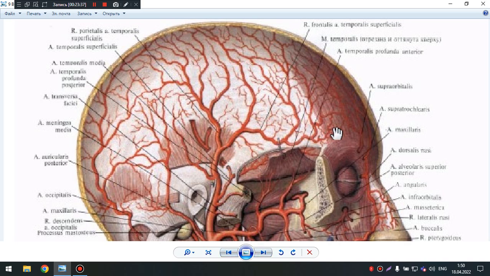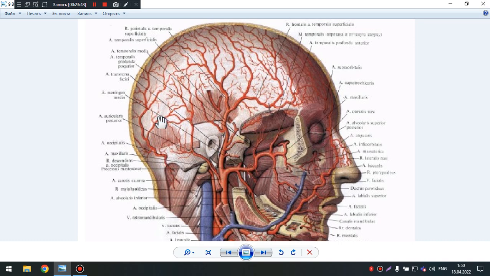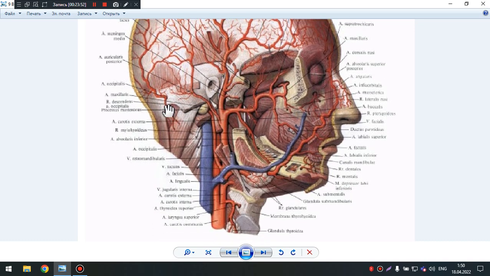It blood supplies the frontal region, frontal branches, parietal branch, and middle temporal artery. The occipital region and posterior auricular region are blood supplied from the posterior branches of the external carotid artery.